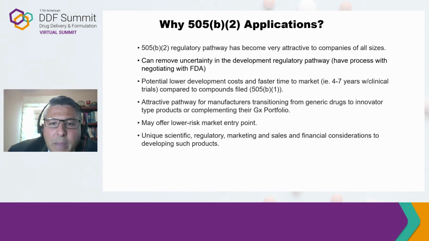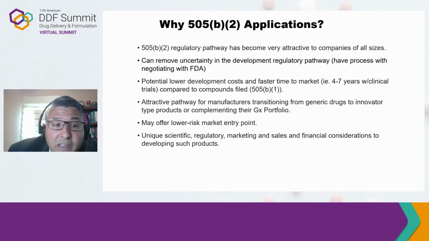Why 505(b)(2) applications? Here, the 505(b)(2) regulatory pathway becomes very attractive to companies of all sizes. It can really remove the uncertainty in the development regulatory pathway and potentially lower development costs, as mentioned before, compared to branded products filed via 505(b)(1).